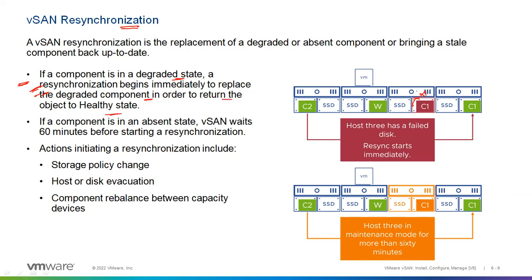As per your storage policy, for example, here we have defined FTT1 RAID 1. To meet the compliance of FTT1 RAID 1, my bare minimum requirement is there should be 2 data components and 1 witness. Correct? So if one goes, it will start to resync.